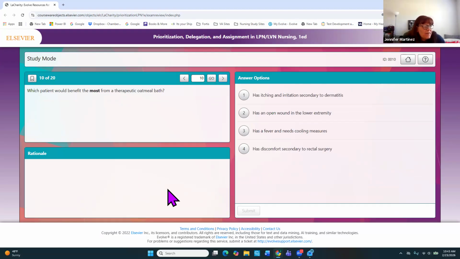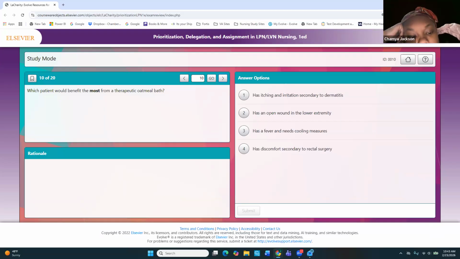Which patient would benefit the most from a therapeutic oatmeal bath? So one has itching and irritation secondary to dermatitis, two has an open wound in the lower extremity, three has a fever and needs cooling measures, or four has discomfort secondary to rectal surgery.